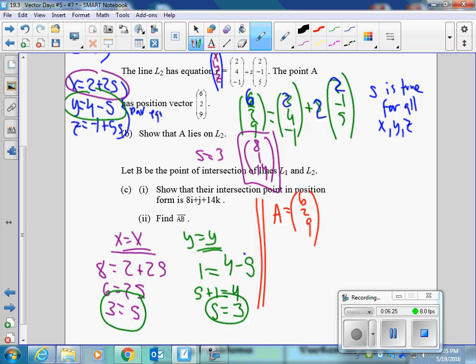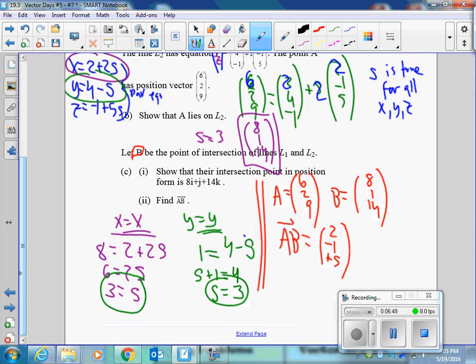B is the intersection. So B is equal to 8, 1, 14. You should be able to find AB now. And AB is going to be 8 minus 6 is 2. 1 minus 2 is negative 1. 14 minus 9 is 5. There's AB.